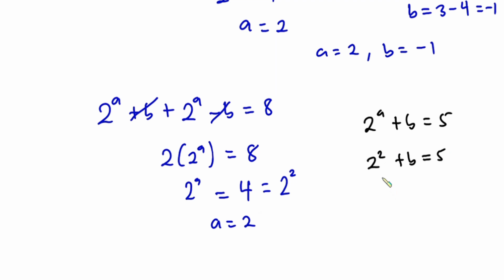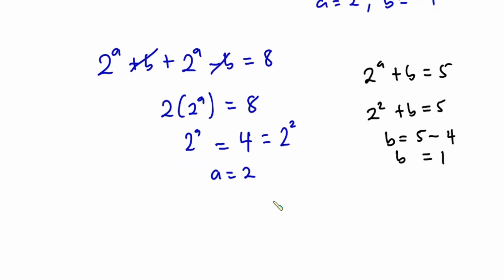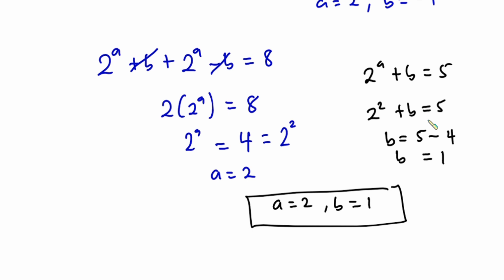Making b the subject, we have b is equal to 5 minus 4, which implies that b is equal to 1. So from the second case, we have a equals 2, b is equal to 1. So this is one of the solutions.